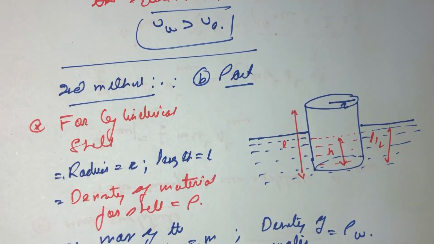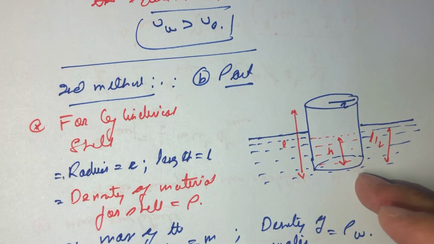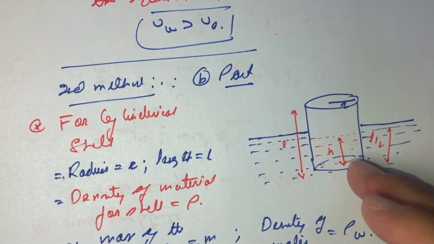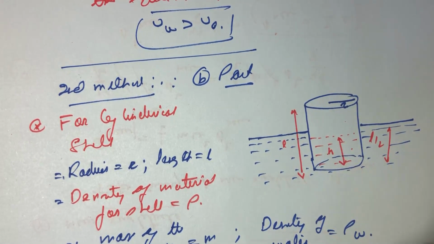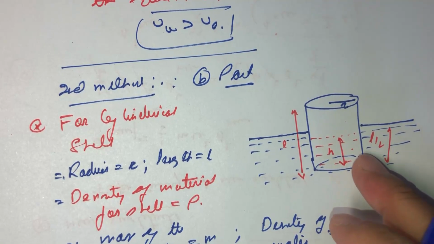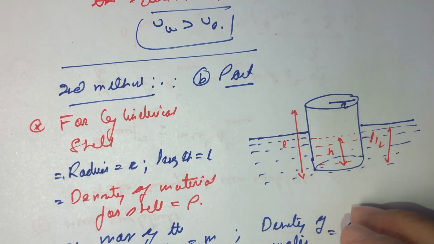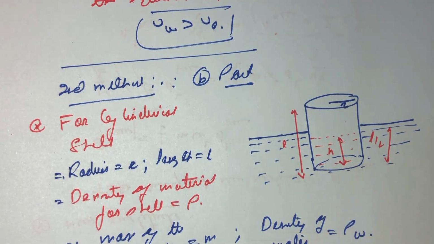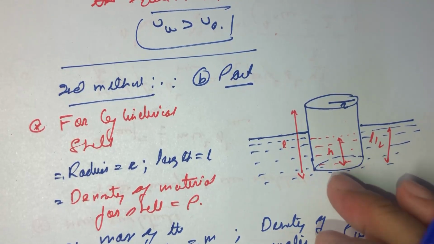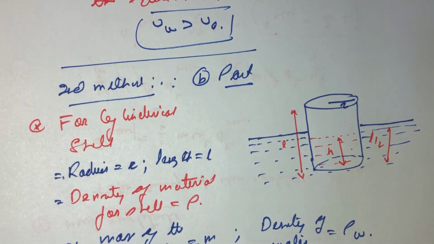One will be the buoyant force in the upward direction, and the second will be the weight of the shell acting in the downward direction along with the weight of the water inside the shell. It means the combination of the shell as well as the water inside the shell will be acting in the downward direction, and the buoyant force will be acting in the upward direction. And it is given that the shell is in vertical equilibrium. Both the forces will be equal.